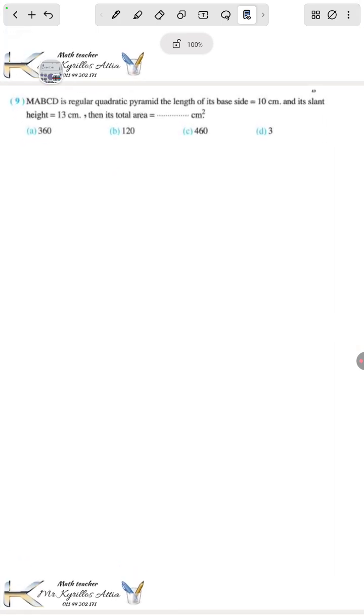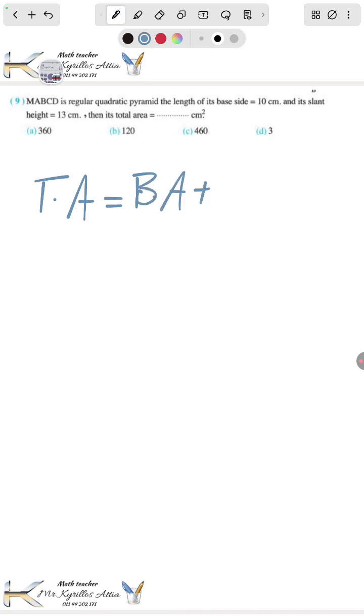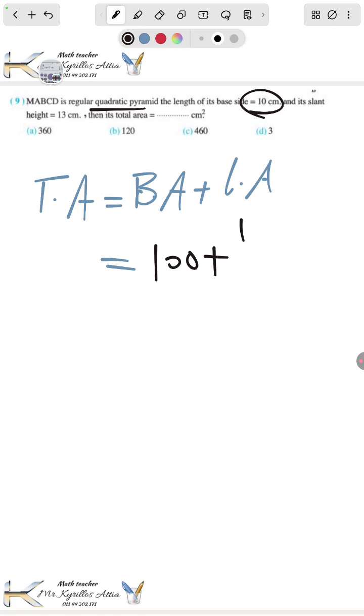MABCD is a regular quadrilateral pyramid, the length of its base side equals 10, and its slant height equals 13. Find the total area. Total area equals base area plus lateral area, and since it is a regular quadrilateral pyramid, the base is a square, so the base area equals 10 by 10 equals 100, plus lateral area, half times perimeter of base, 4 times 10, times slant height, which equals 13.